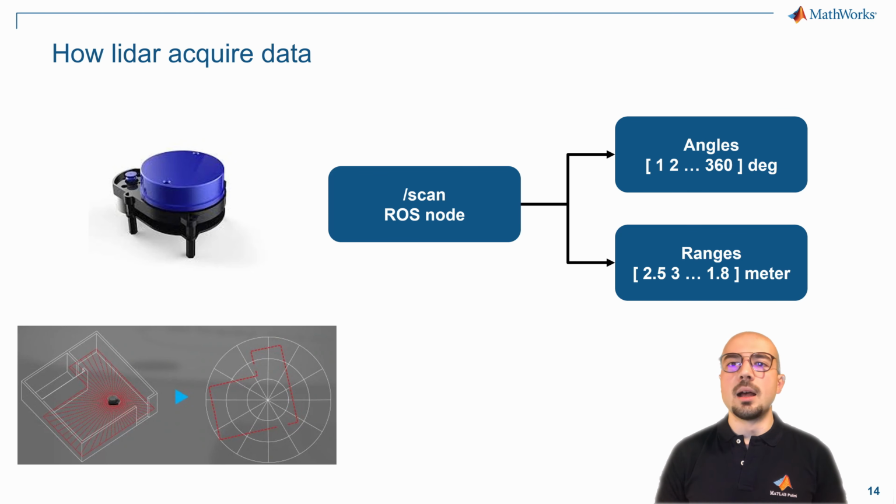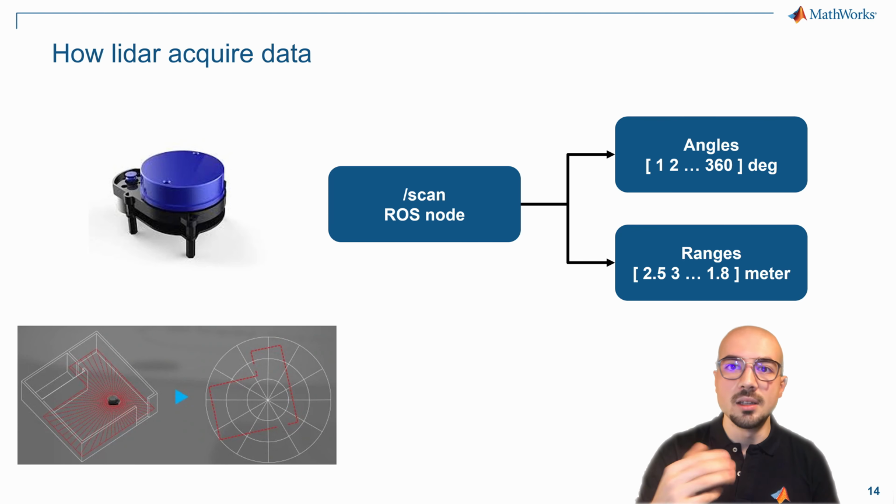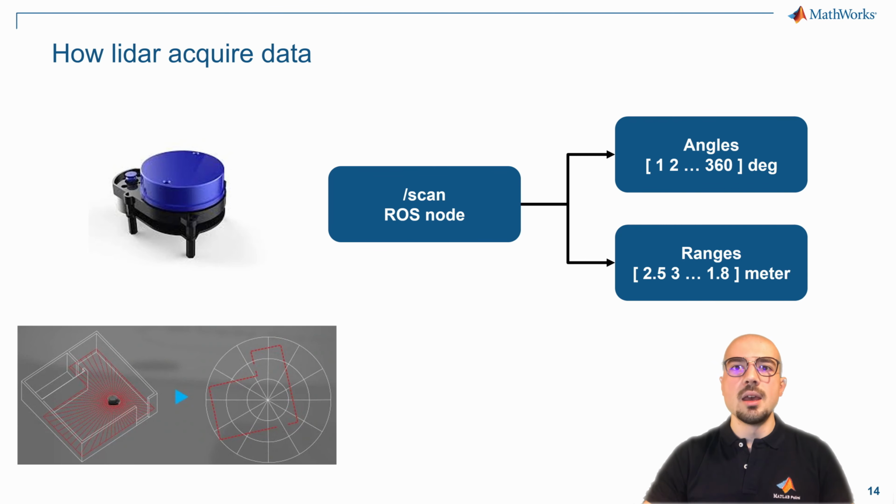Again, I want to stress this topic: the lidar will turn and send a set of beams that will go out and come back, and by acquiring the time of flight, it computes the distance. These ranges will then be stitched into a vector. This vector is called ranges and will be used to compute the map of the environment.